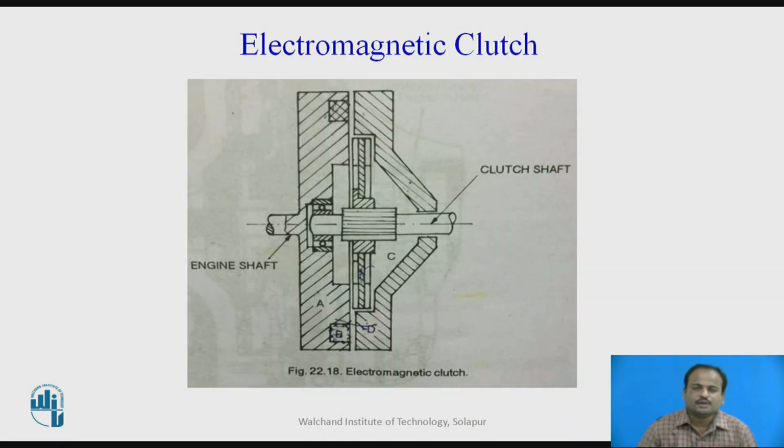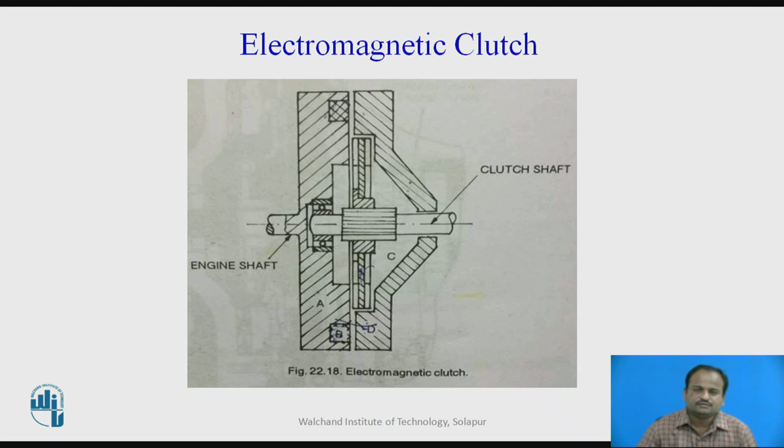Next one is electromagnetic clutch. You can see in this figure how the electromagnetic clutch is constructed. Electromagnetic clutch works on the electromagnetic principle. There is an engine shaft which is connected to the flywheel. In between there is a clutch plate, and to the right side there is a pressure plate.